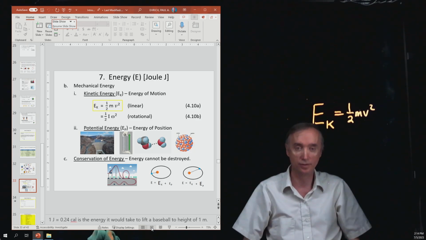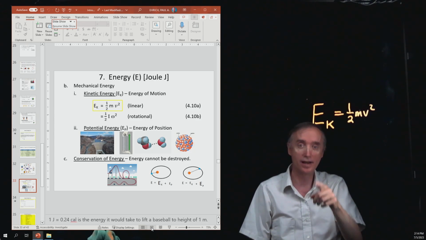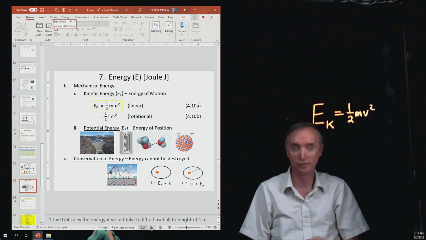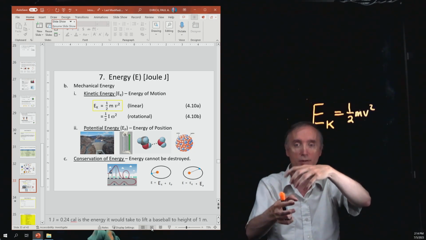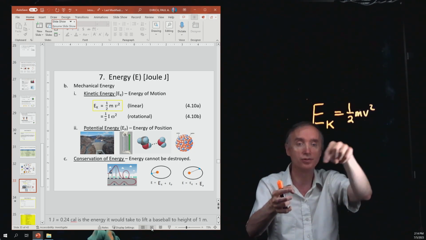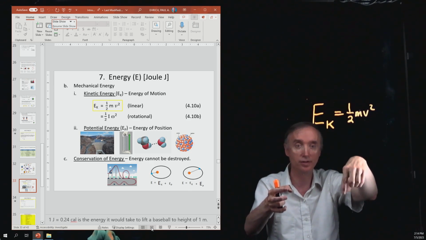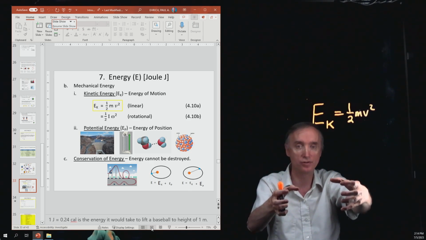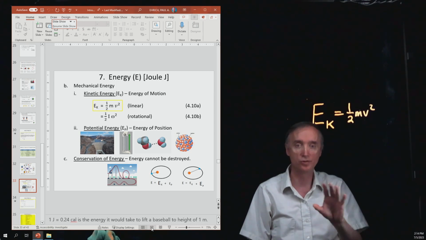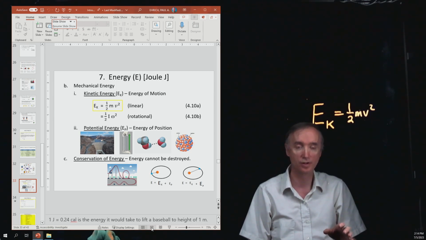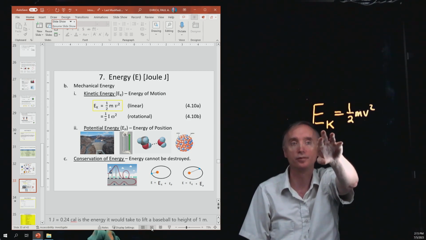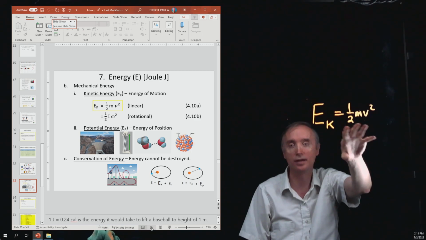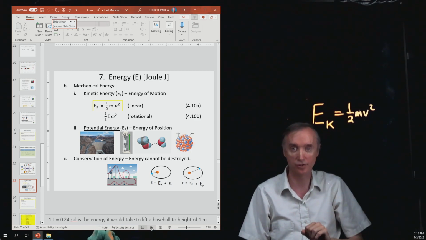That's chemical energy. And then the last picture there is nuclear energy. So that inside the nucleus, the pieces that make up the nucleus are certain distances away from each other, and there is a nuclear energy associated with the nucleus, which we'll get into later in the course. So for right now, just know about linear kinetic energy and then gravitational potential energy.